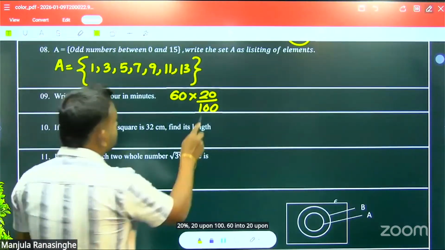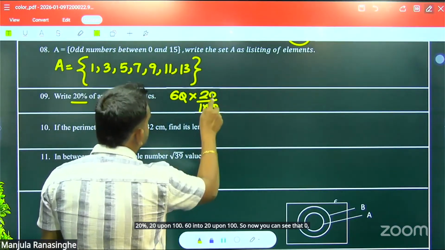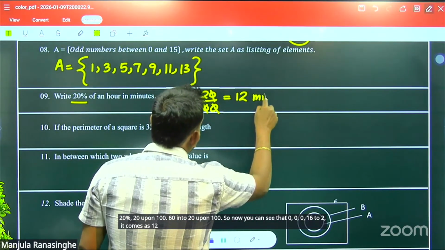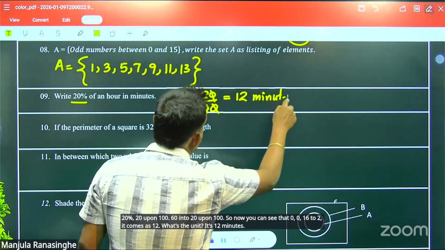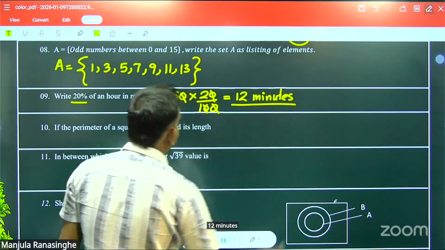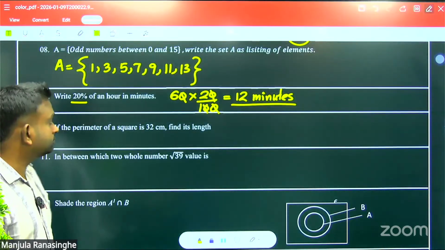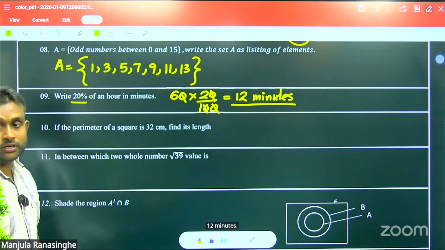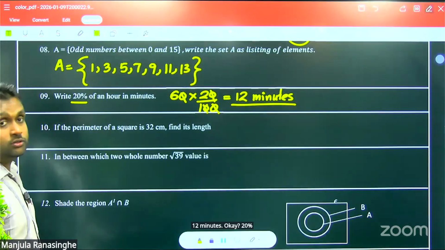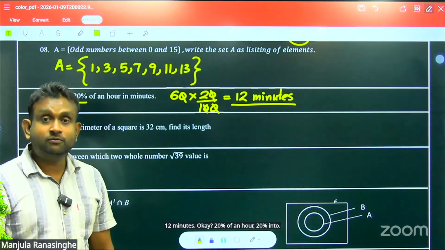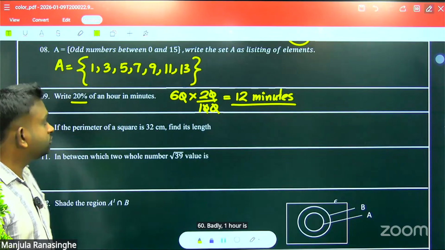So cancelling the zeros, 6 into 2 comes as 12. What's the unit? 12 minutes. So 20% of an hour, 20% into 60. 1 hour is 60 minutes, then 12 minutes.